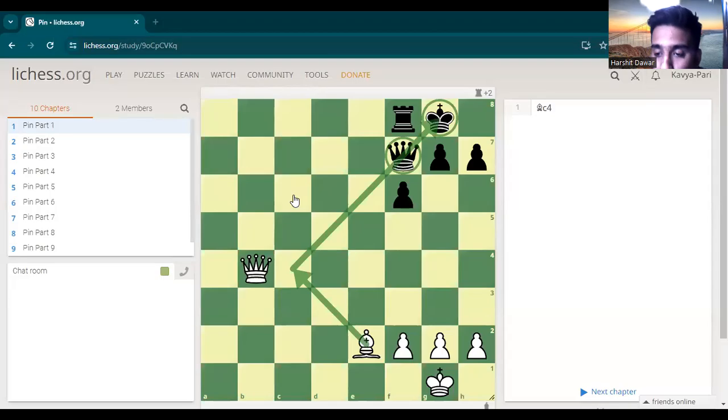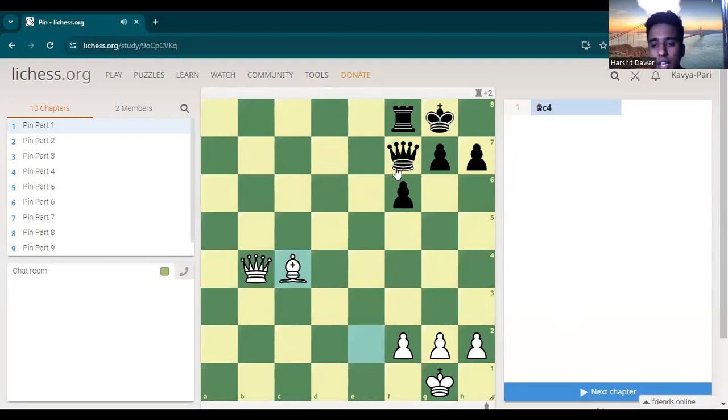It is when a smaller value piece is stuck and can't move, or the higher value piece will be captured. Let's look through the examples. Here, bishop c4 is pinning the queen because the queen is not available to move. It's hindered because if the queen moves, then the king will be in danger. In chess, that's illegal. So the queen is pinned.